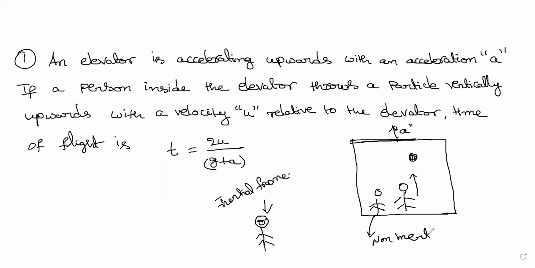Okay, clear? When I'm outside the lift, it is called inertial frame. When I go inside the lift, it is called non-inertial frame, because I am moving along with the lift. This part clear?